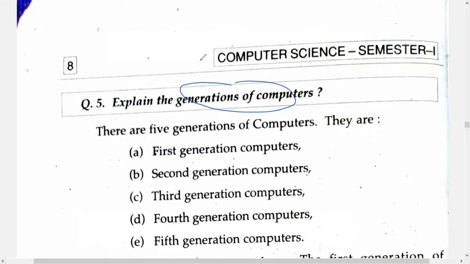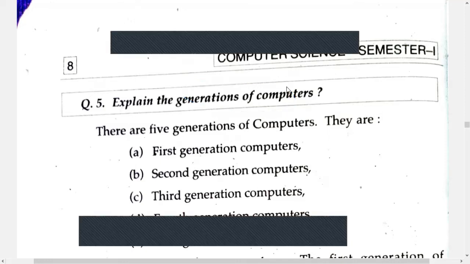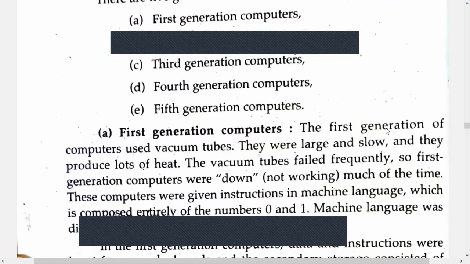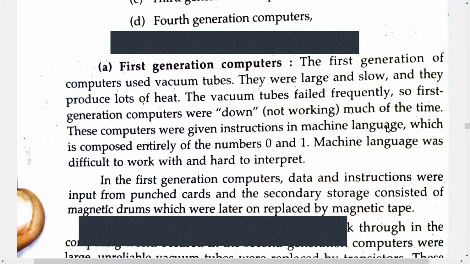With this question, let us see the first generation of computers. These generations are classified into 5 generations: first generation, second generation, third, fourth, and fifth. But how have they been classified?